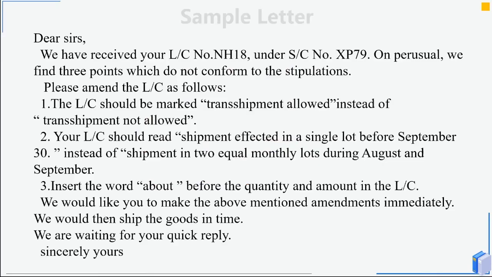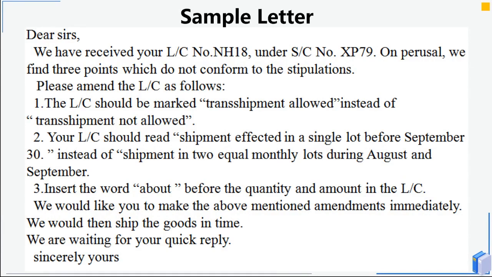Here is the sample letter. Dear Sirs, we have received your LC 01H18 under SC XP79. On perusal, we find 3 points which do not conform to the stipulations. Please amend the LC as follows. Point 1. The LC should be marked transshipment allowed instead of transshipment not allowed. 2.